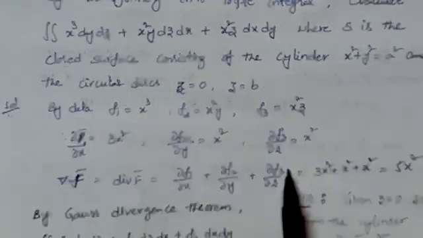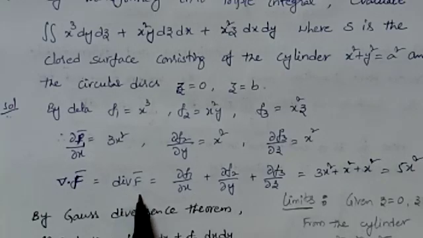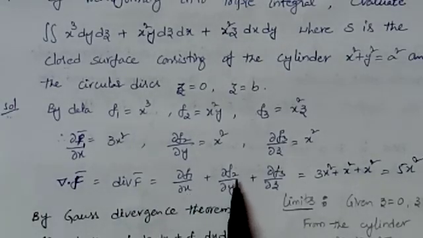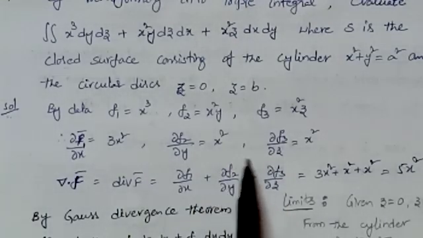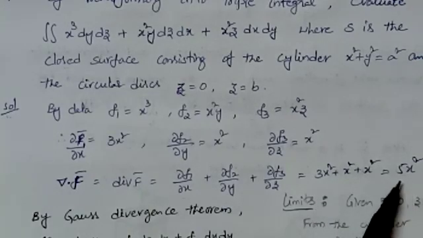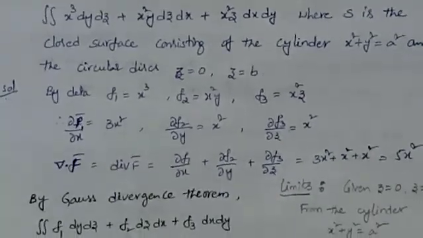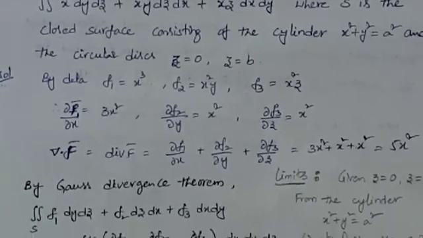1. Now del dot f bar, which is also written as div f bar, is dou f1 by dou x plus dou f2 by dou y plus dou f3 by dou z. Whatever we found previously, substitute there, and you will get 5x square. Now you need to find the limits of this volume integral.